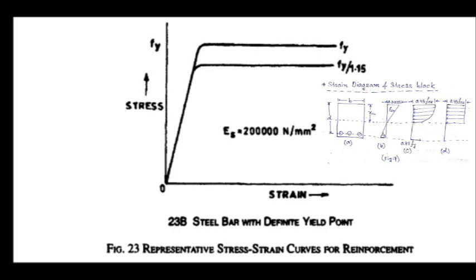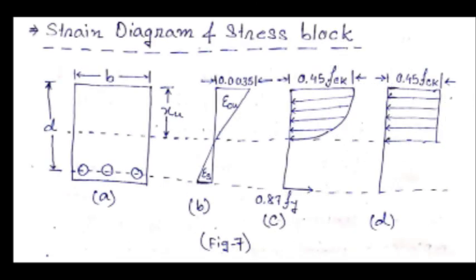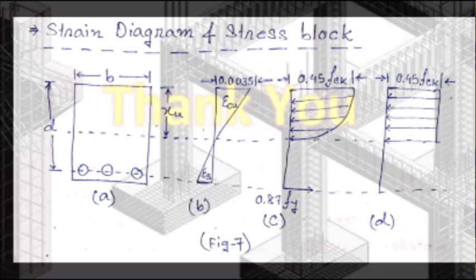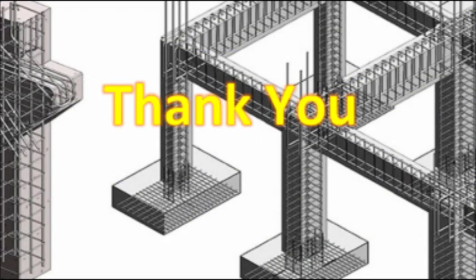The value is 0.87 fy. So this is clear. The diagram is from IS 456-2000, and all values are taken as per the assumptions of the clause of the code. That's all for this lecture. Thank you.